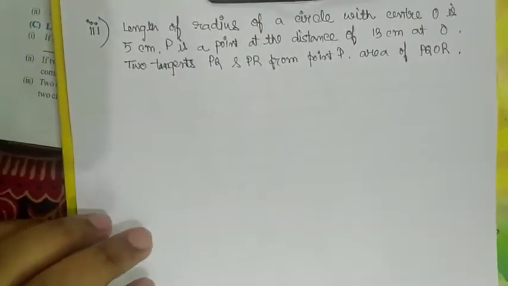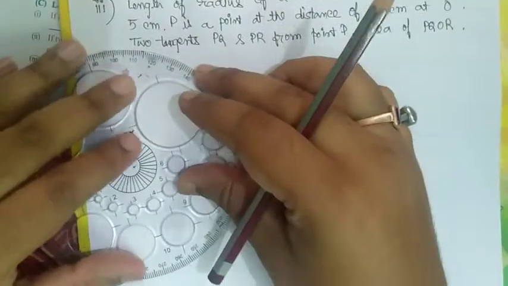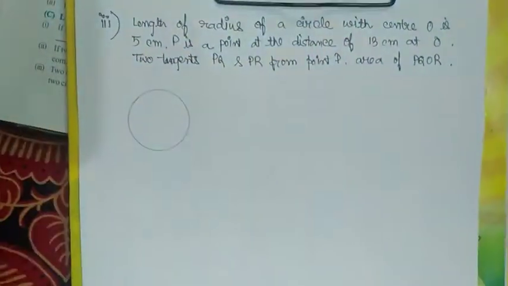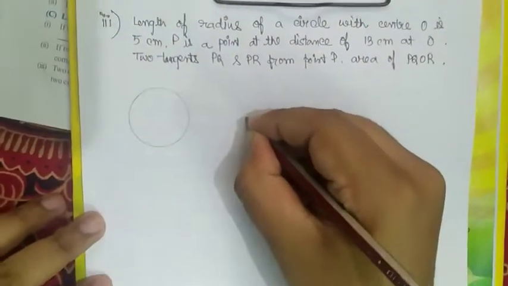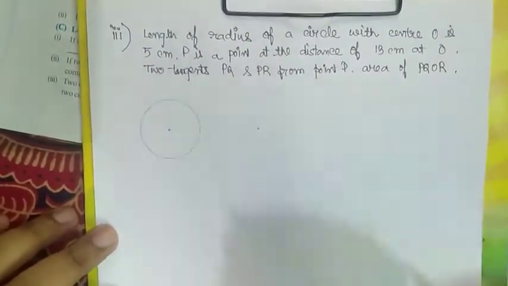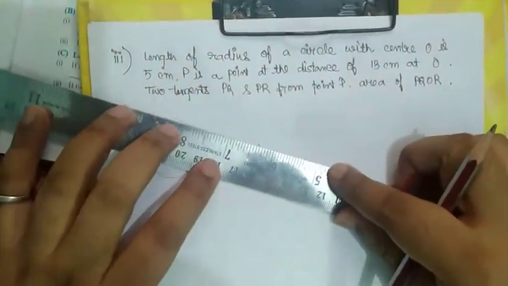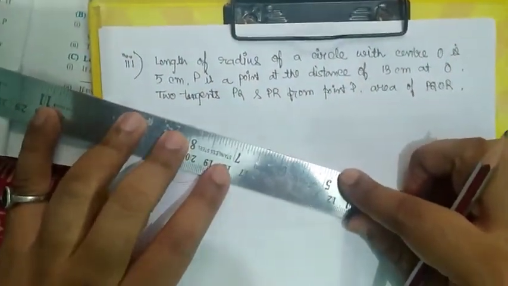So therefore first of all we draw the circle and its outside point is here and this is the center. First of all draw two tangents.